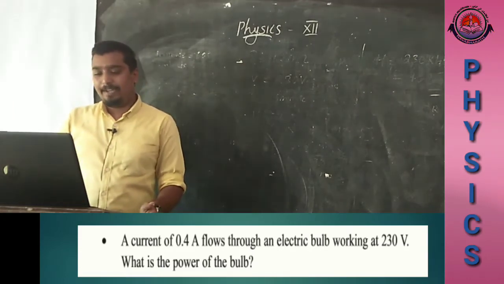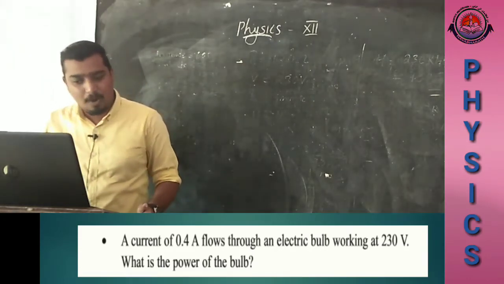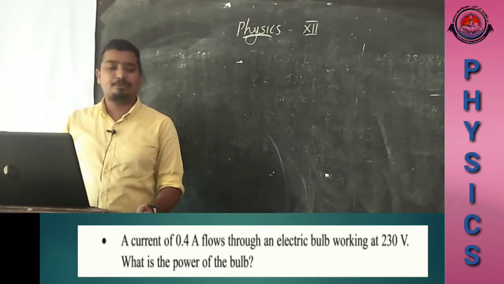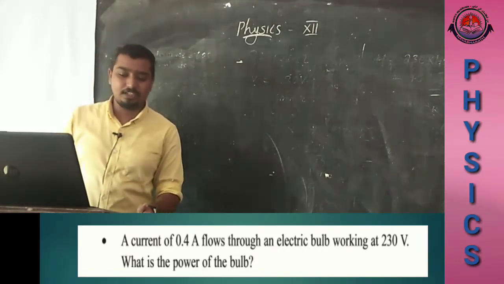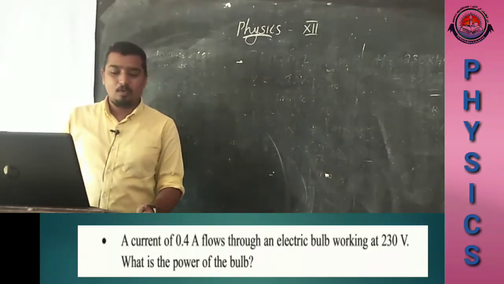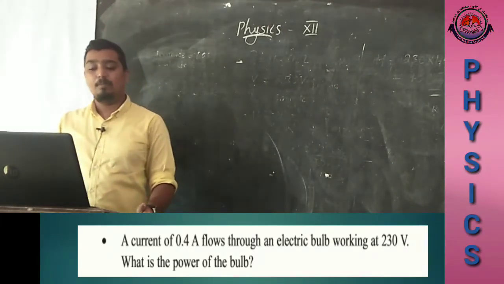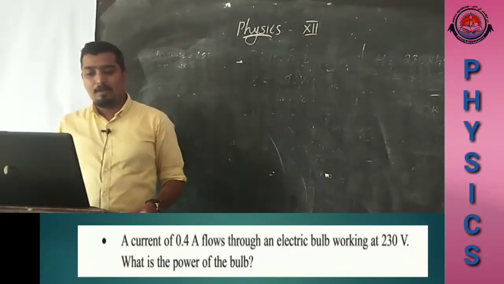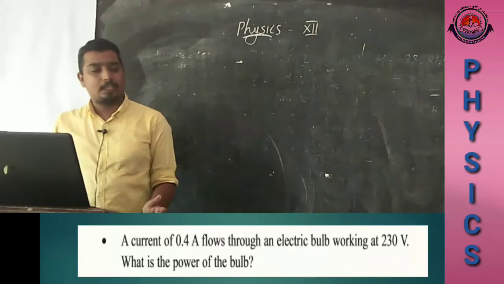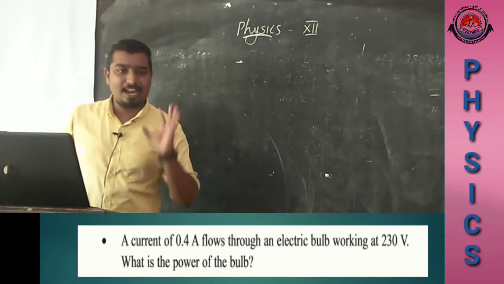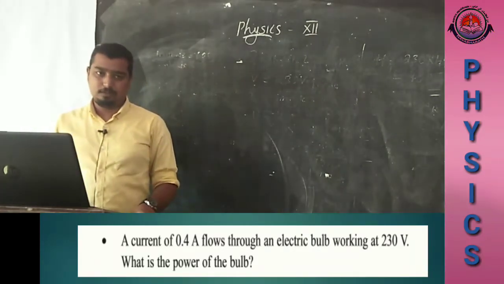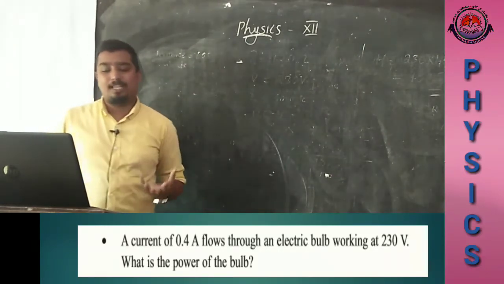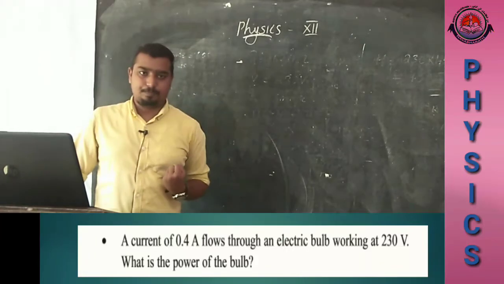I will read again. Here we consider an electric bulb working at 230 volt, and a 0.4 ampere current is flowing through this electric bulb. Then what is the power of that electric bulb?